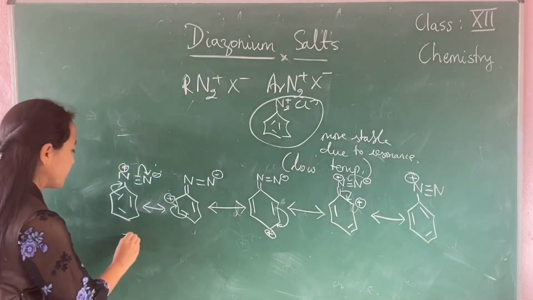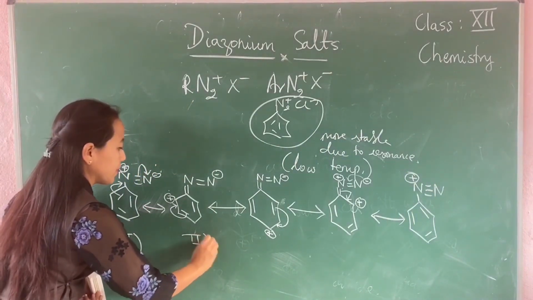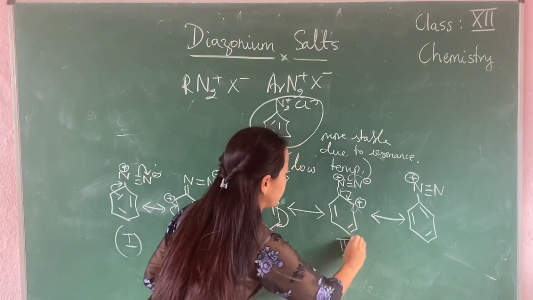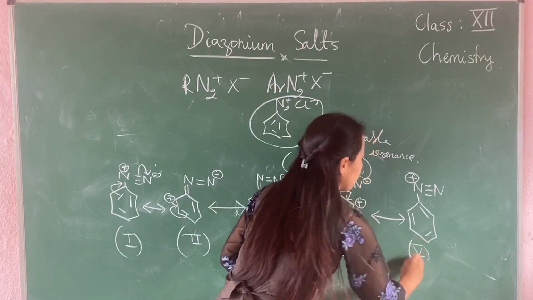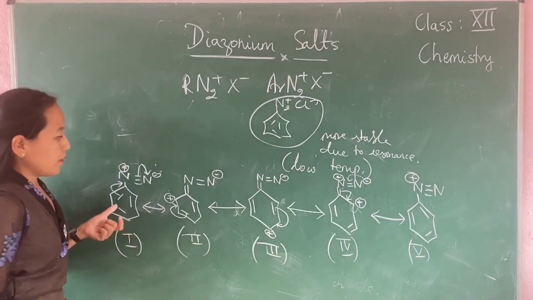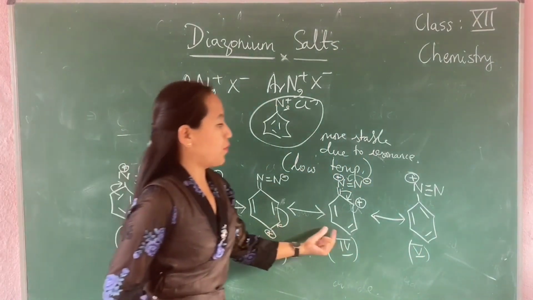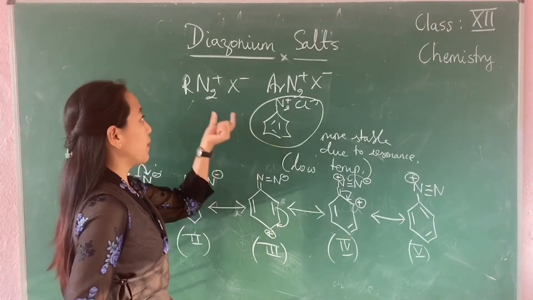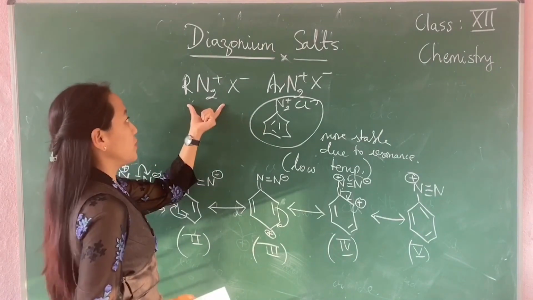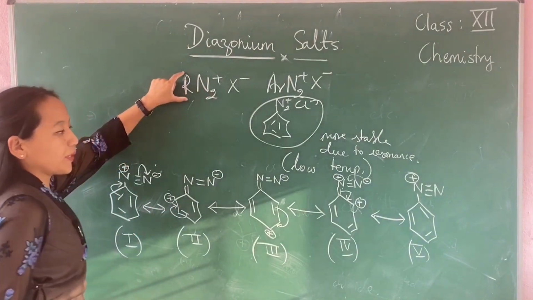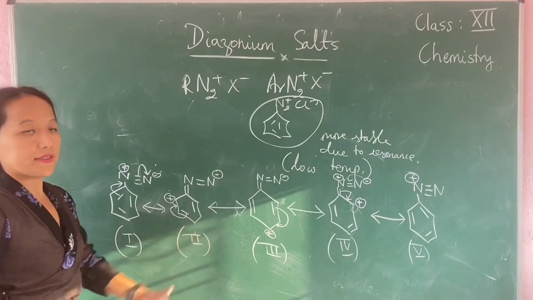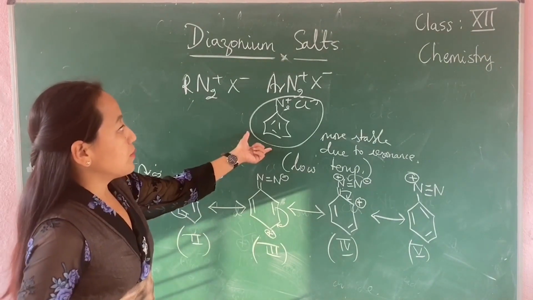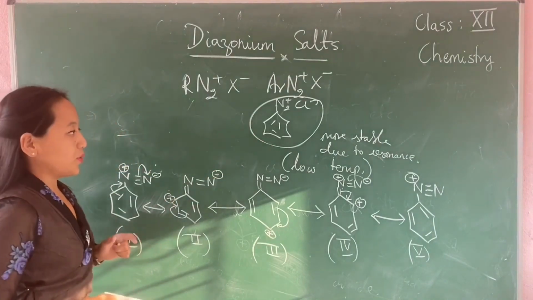So these are the resonating structures, because of which arene diazonium salts are stable in nature compared to the aliphatic diazonium salt. 1, 2, 3, 4, 5 contributing resonating structures, because of which they are more stable compared to the aliphatic diazonium salt, where this alkyl group cannot undergo resonance like this. So this is about the stability of the arene diazonium salt compared to the aliphatic diazonium salt.